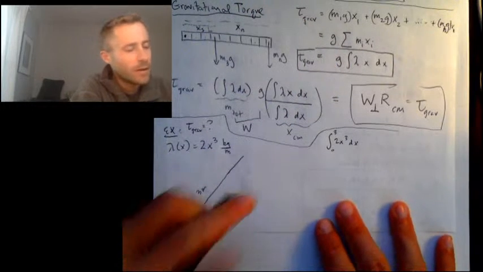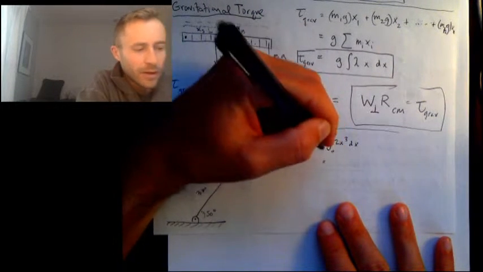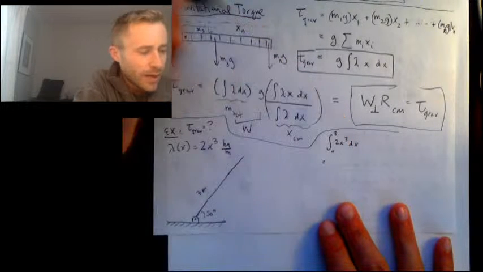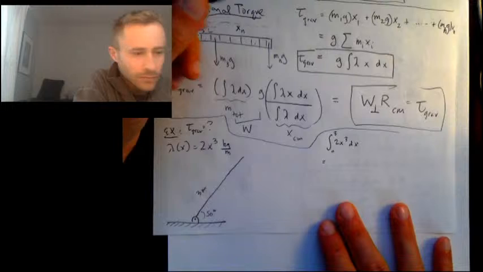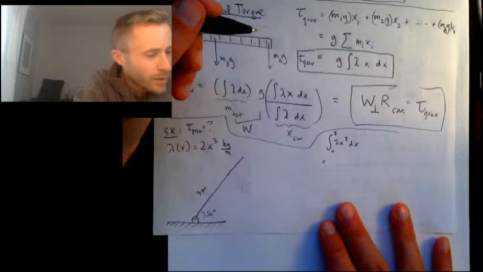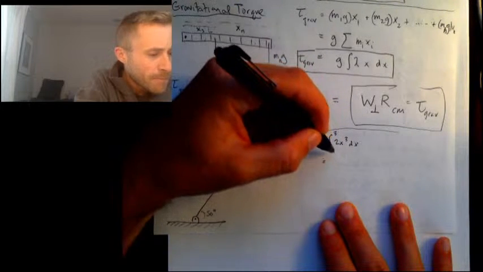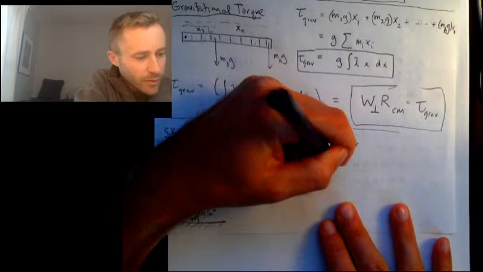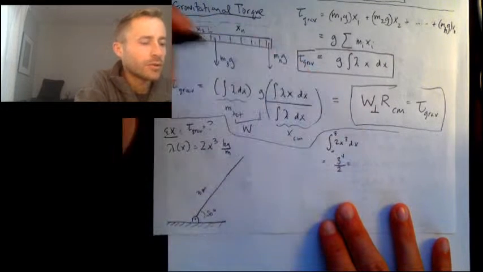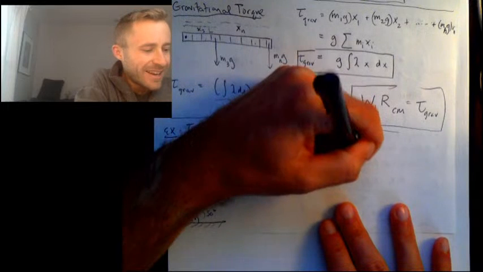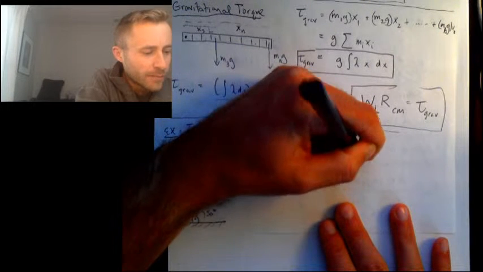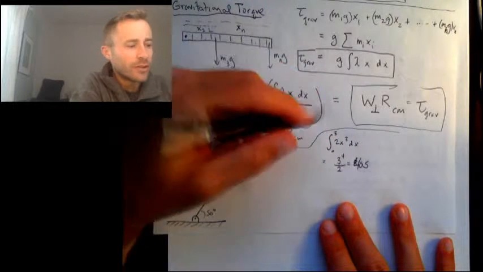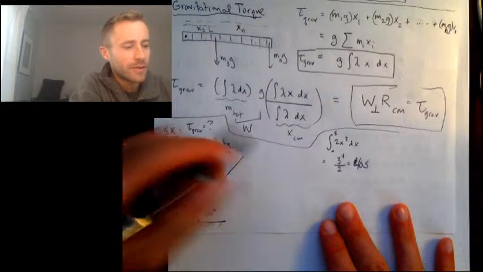I'm not going to show the math of that, but it is going to be 3 to the 4th divided by 2, which is 40.5.